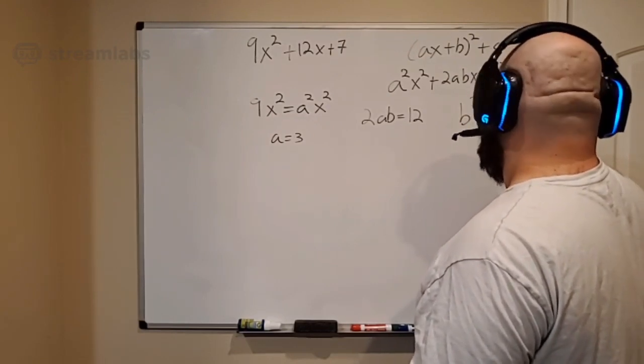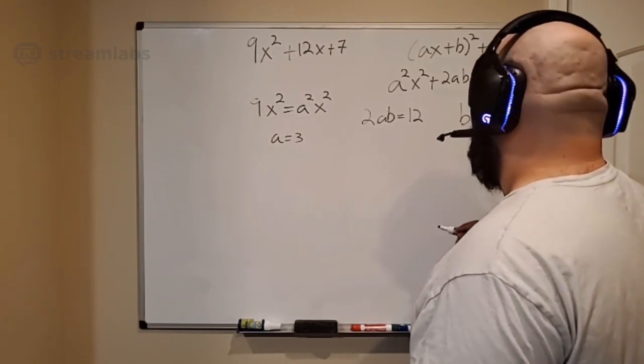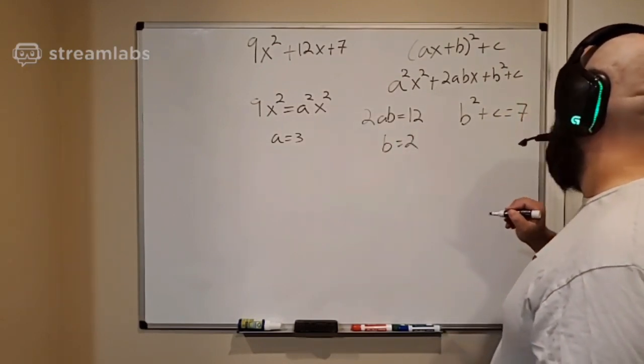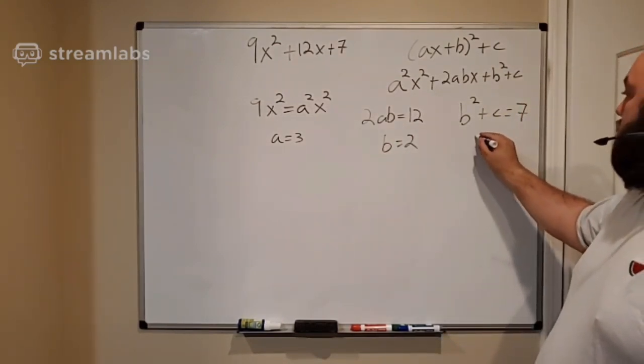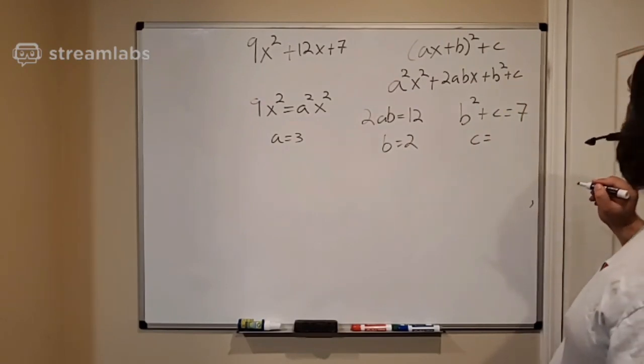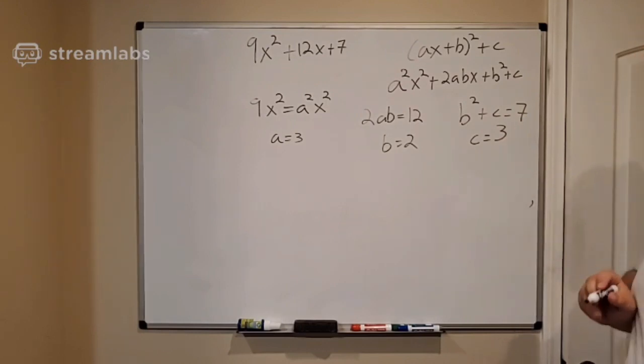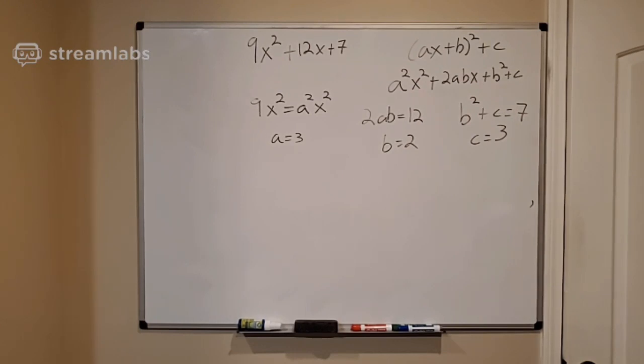So at that point you get that b equals 2, and then c equals 3. Does everybody see how I did that?